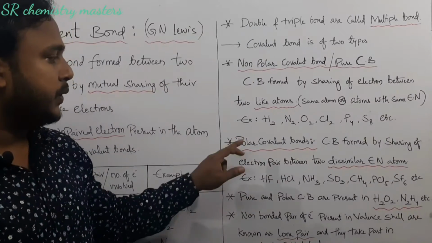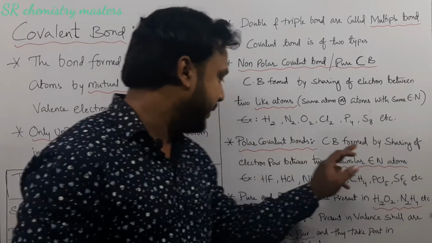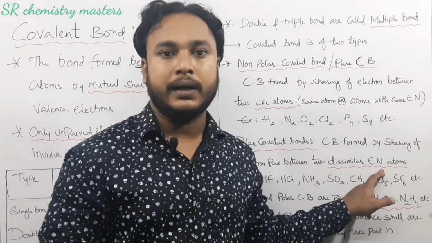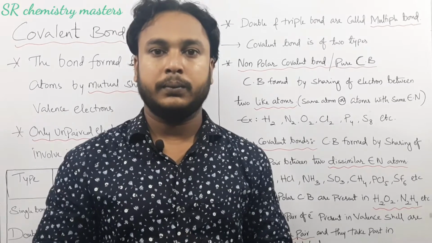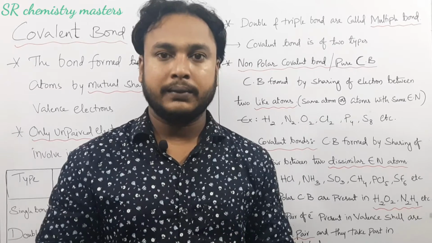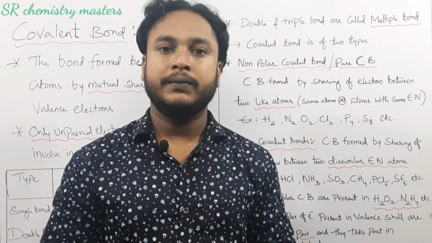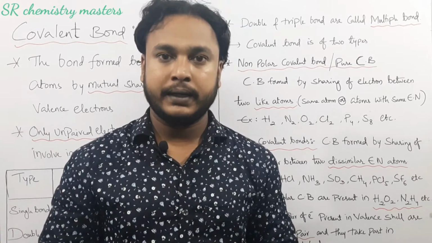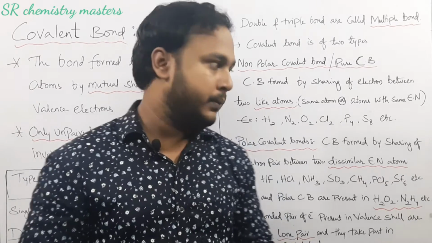Now let us see the polar covalent bond. Polar covalent bond is the covalent bond formed by sharing of an electron pair between two atoms of dissimilar electronegativity. Remember, here also the bond formed is a covalent bond, but the actual difference is in the two atoms between which the electron sharing takes place. If the electron sharing takes place between two atoms which have different electronegativity, the bond formed is known as polar covalent bond.